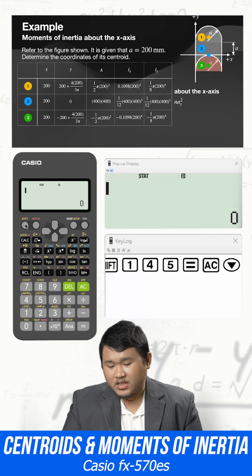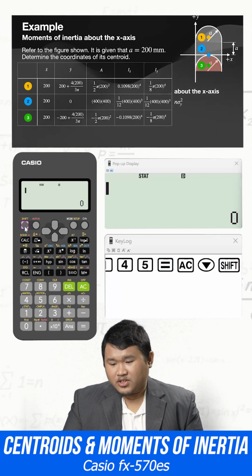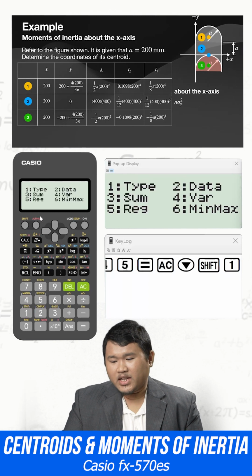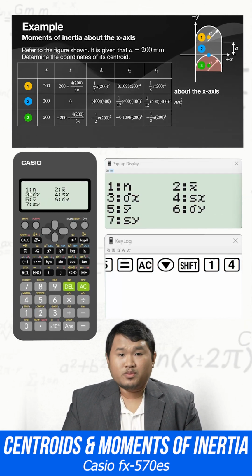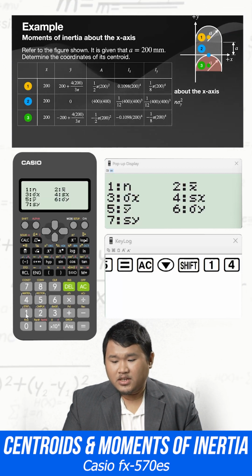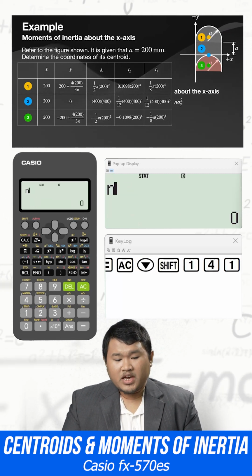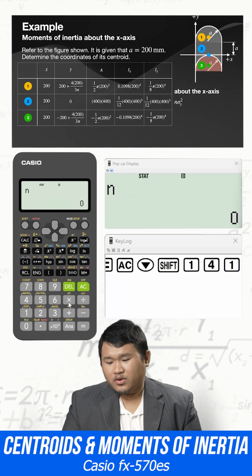So let's input n, shift, stat 1, and then var, again option 4, and then option 1, which is n, or the total frequency of the entire table. So that's how it is.